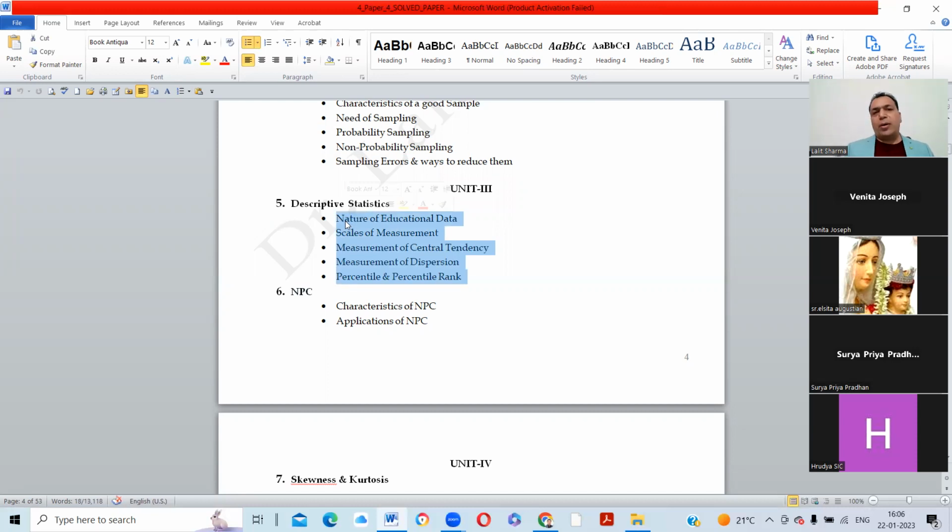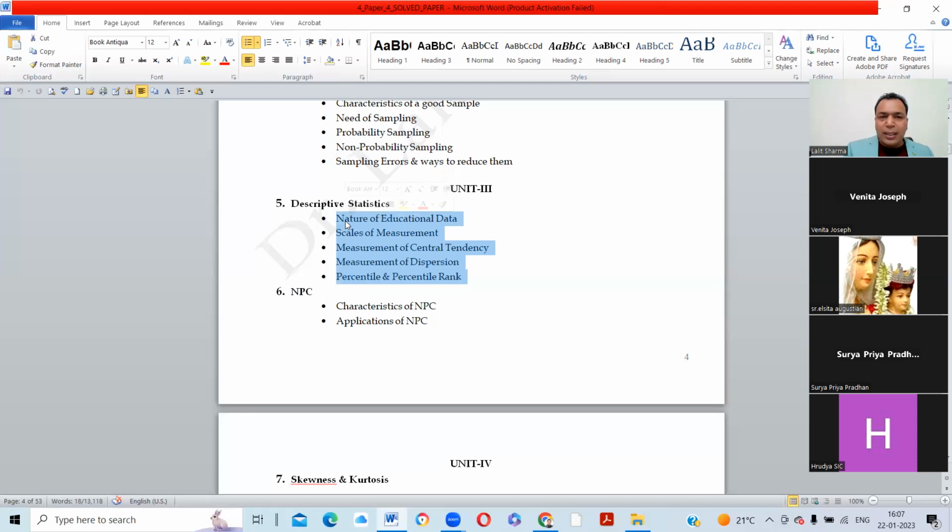In the last papers you see that simple questions have come: define the merits and demerits of the mean and the median, right? Sometimes a question has come: define all these scales of measurement. So under scales of measurement you have to define all four scales, right? I have given you the notes. You can see in the notes all 4 types of scales, right?